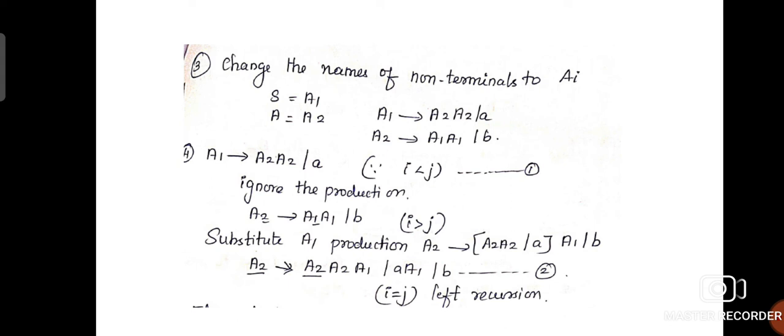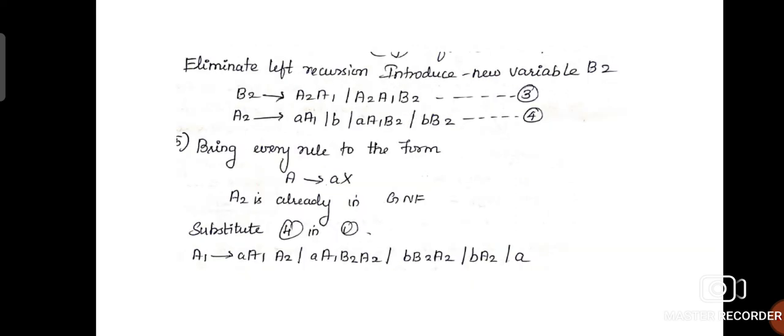This is called left recursion. Again we have to avoid the left recursion, and we have to construct the grammar so that it becomes I less than J. Now to eliminate the left recursion, we have to introduce the new variable B2 corresponding to A2.